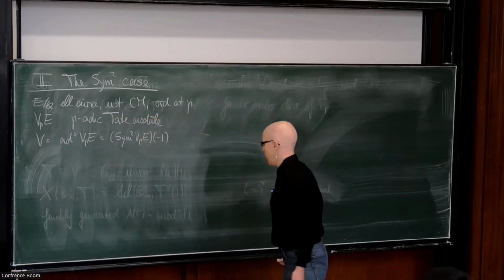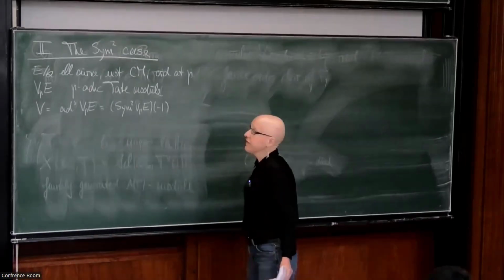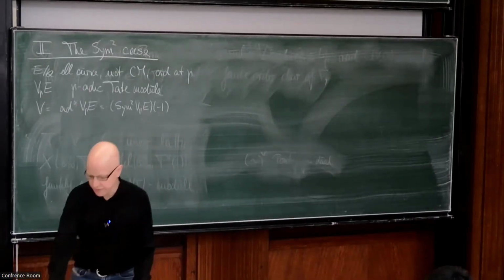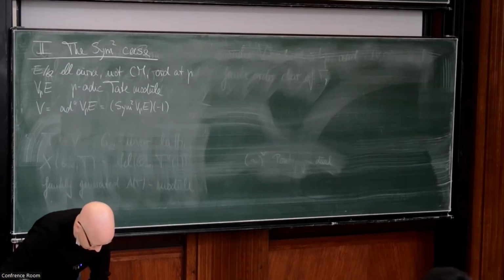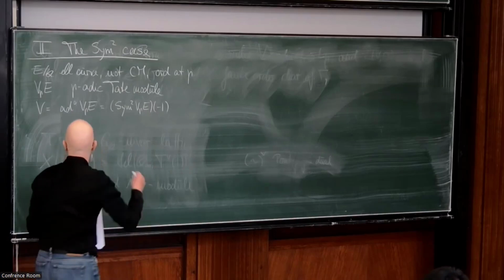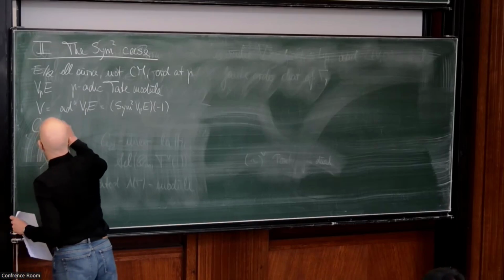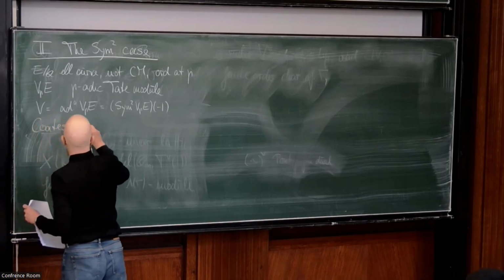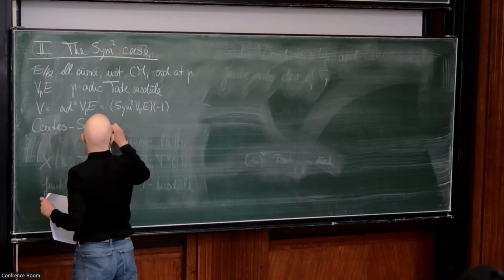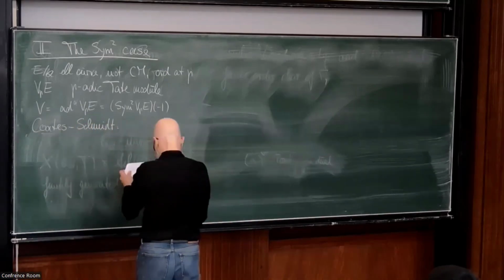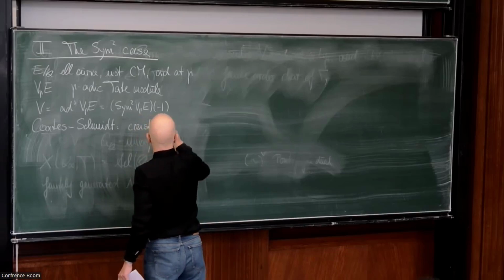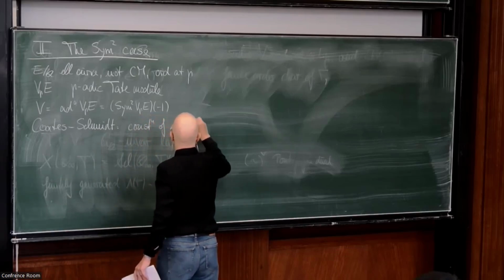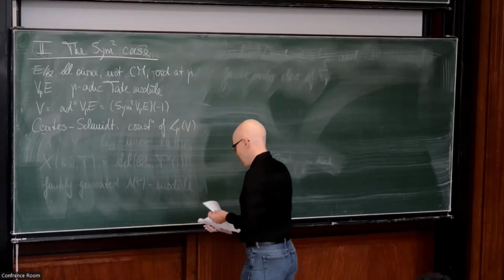In this case, the conjecture of Coates and Perrin-Riou is known to hold due to work of Coates and Schmidt, who constructed the p-adic L function for this representation.